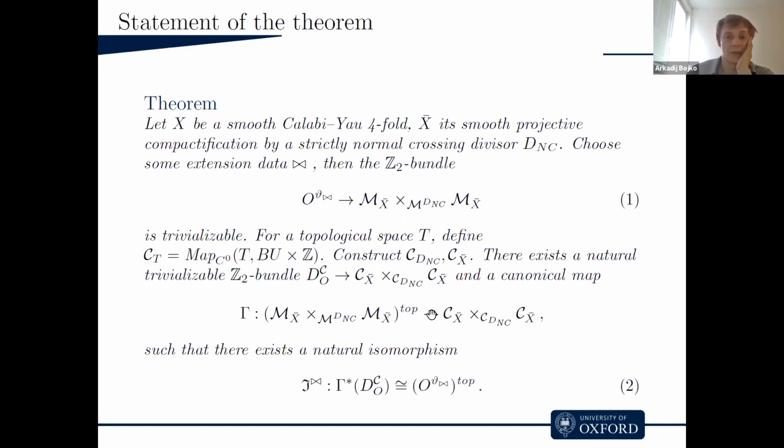And there is such a map into this K-theoretic space, such that the pullback of this K-theoretic bundle DCO on the K-theoretic space is naturally isomorphic to the new bundle that I constructed.